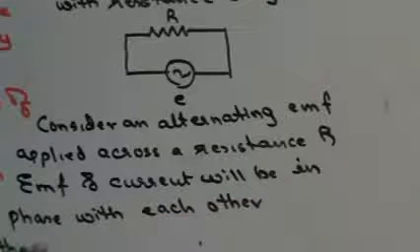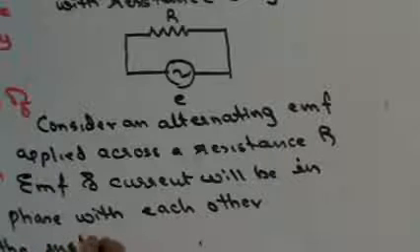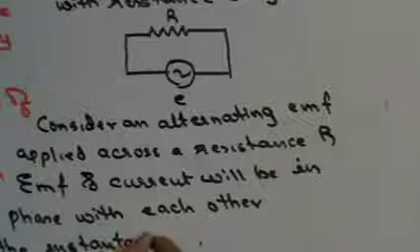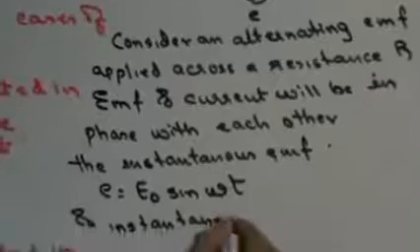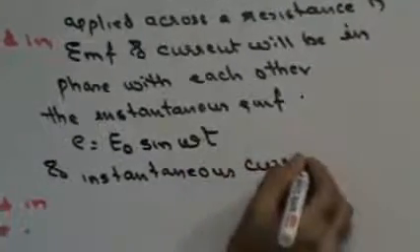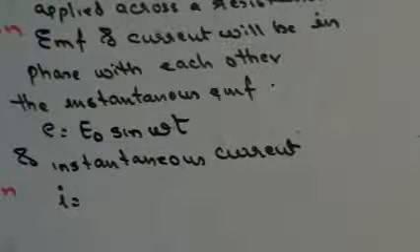The instantaneous EMF E can be written as E0 sin omega t. That will be the instantaneous EMF, and the instantaneous current in this circuit I is going to be nothing but I0 sin omega t.